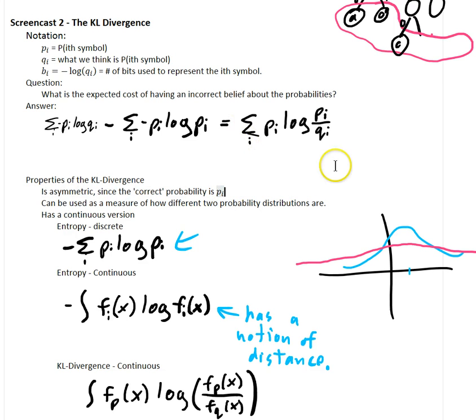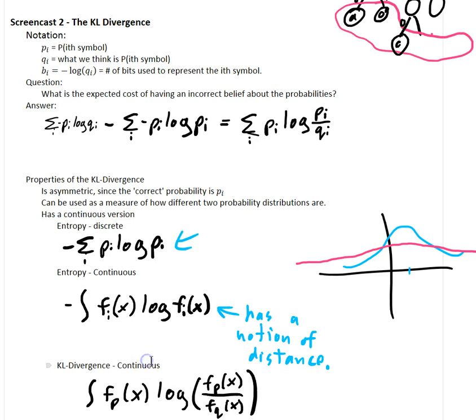So the distance from P to Q and the distance from Q to P would be different. So it doesn't have some of the properties that we like distance metrics to have. And we can also define a continuous version using integrals, which is what the paper on the arrow algorithm uses to measure the distance between two Gaussians.